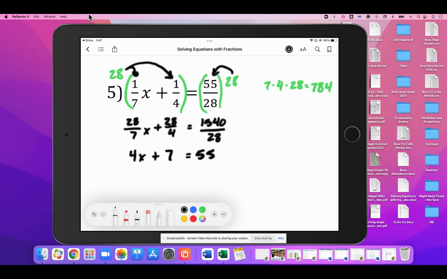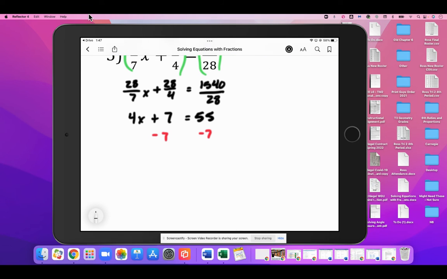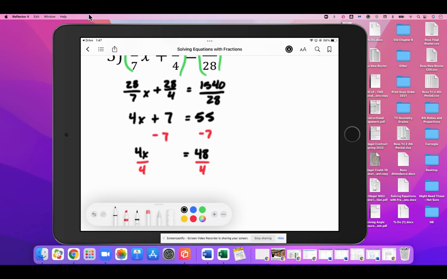So now we have a very easy equation to solve. We're going to go ahead and subtract 7 from both sides. I get 4x equals 48. Divide by 4. And x is equal to 12.